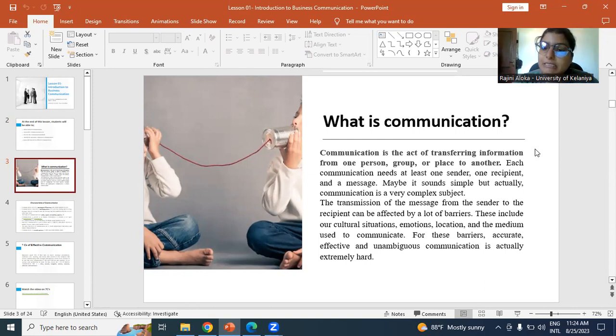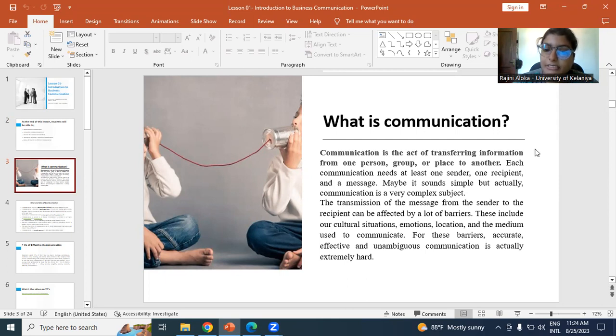Maybe it sounds simple, but actually communication is a very complex subject. The transmission of the message from the sender to the recipient can be affected by a lot of barriers, which we will go through in the latter part of the lesson. These include our cultural situation, emotions, location, and the medium used to communicate.